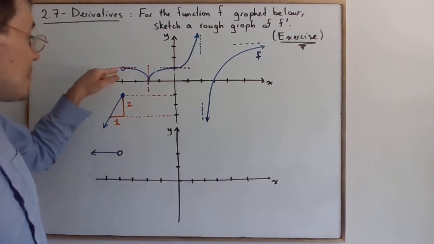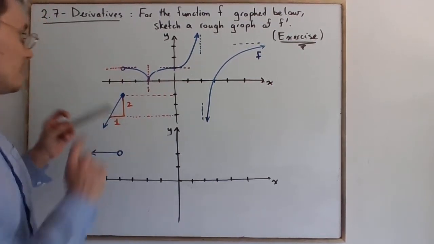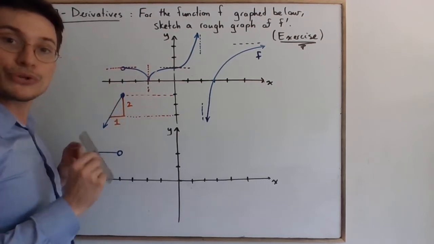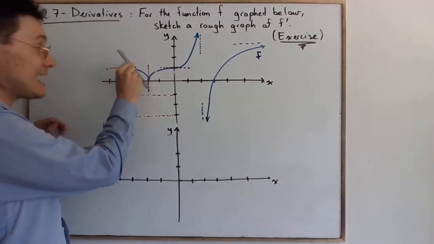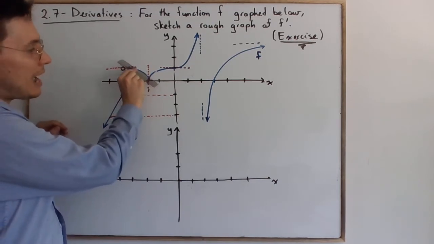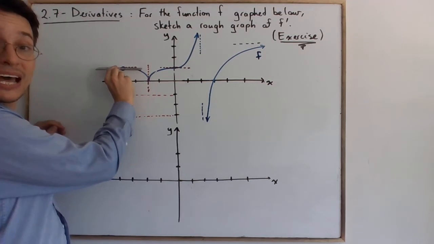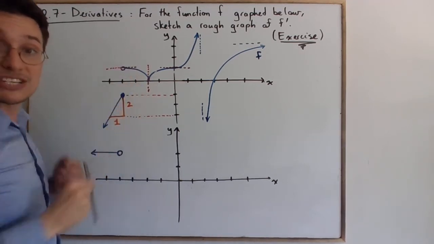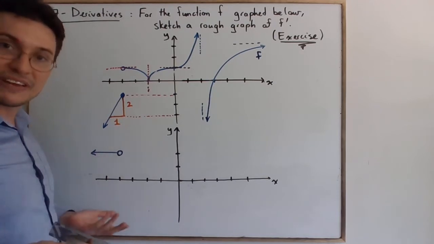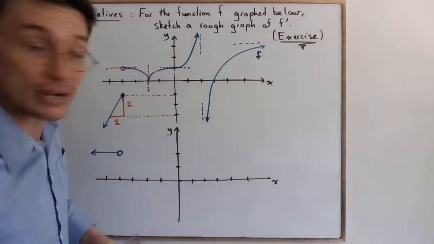Then move on to the piece right here. And I put the guideline here to show you that the tangent line should be read as horizontal. As x is approaching -4 from above, the tangent line is getting more and more horizontal. And horizontal tangent lines mean that the derivative is 0. Well, in this case, it's approaching 0, but that's what it is.